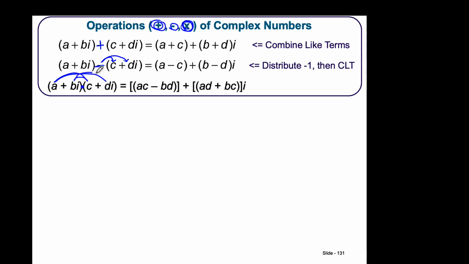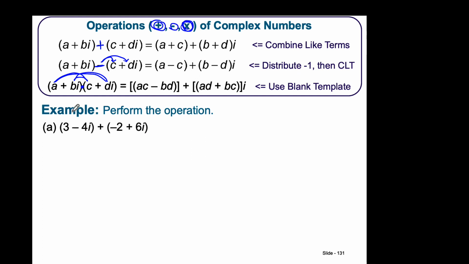This here would give us bdi squared, and you can continue working with that, or you can use its equivalent form, which for this one, I like to turn into a blank template and then plug in my a, b, c, and d to see what I get. Let's do an example of each.